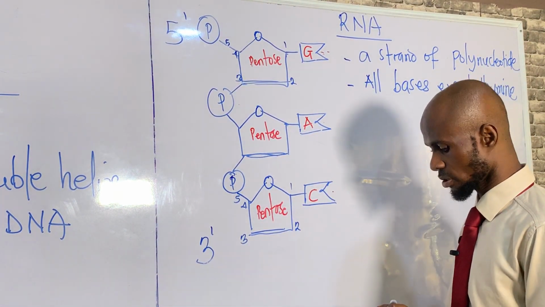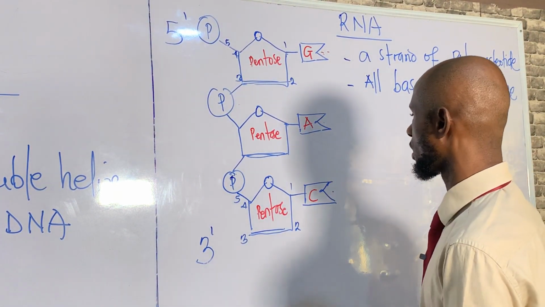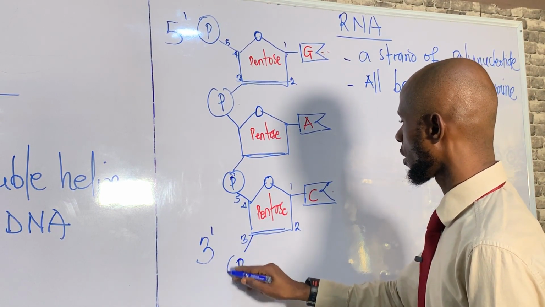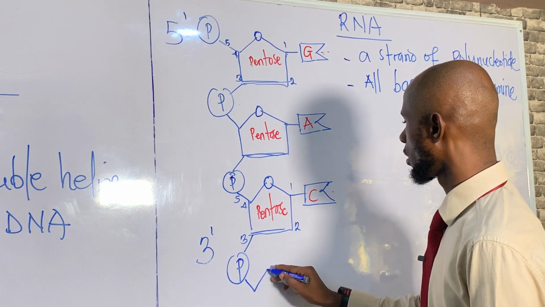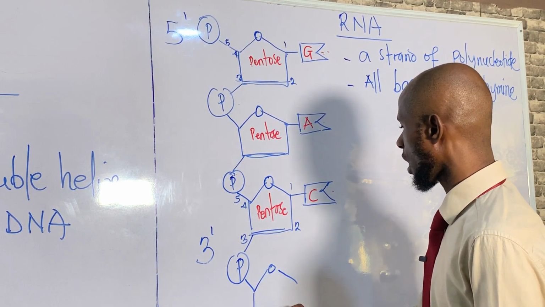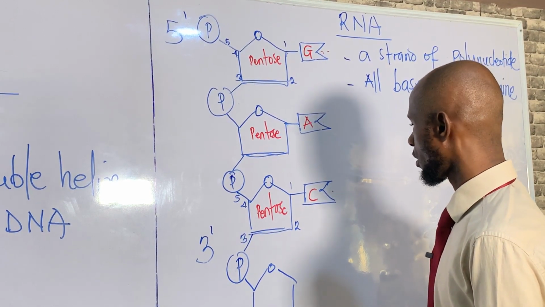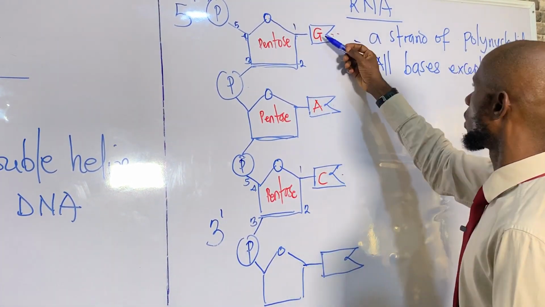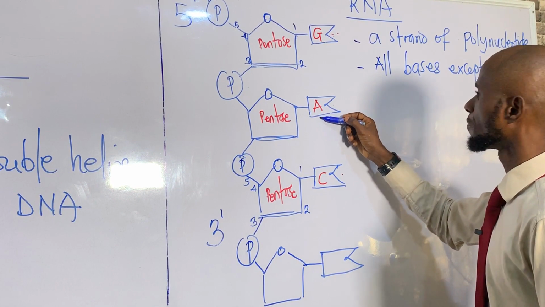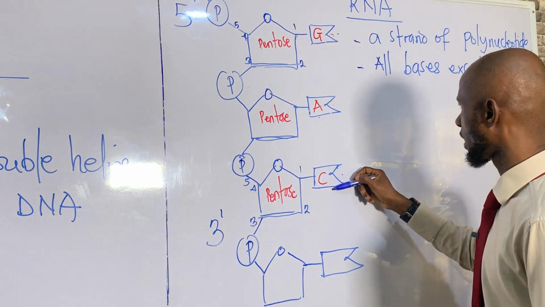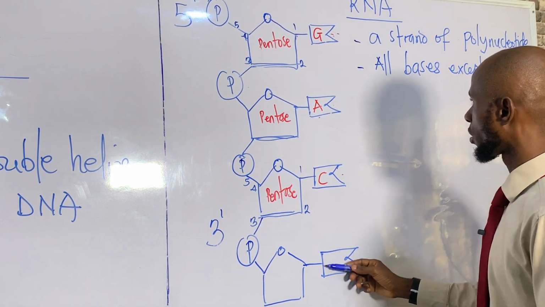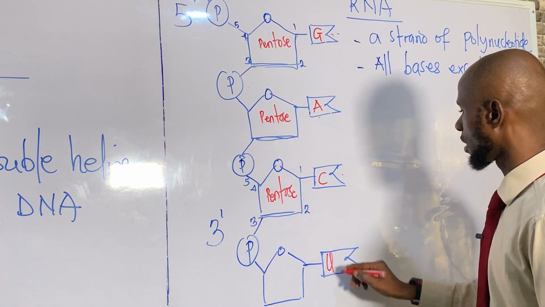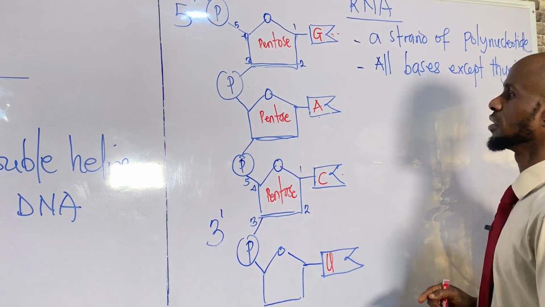So let me just draw one again and end the class with that. We have the P here, another one here. Then we have the sugar here. Then we have the bases here. So we have guanine, adenine, cytosine, then we are going to have uracil. So you're not going to see me writing thymine.